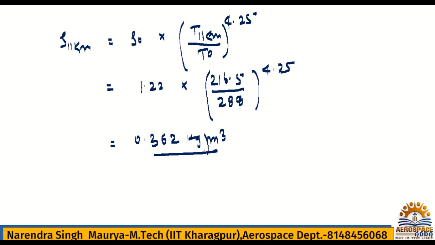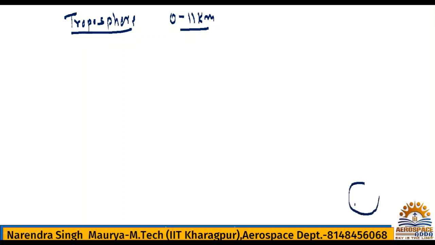All right, so one very important point: troposphere. It is from sea level to 11 kilometers. Yes or no? Now, see, this is Earth. So, Earth, this is sea level, and this is 11 kilometer.